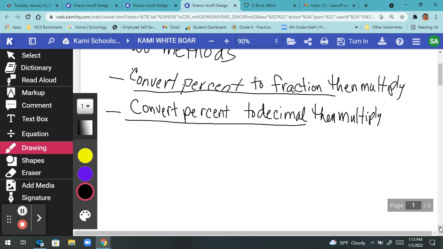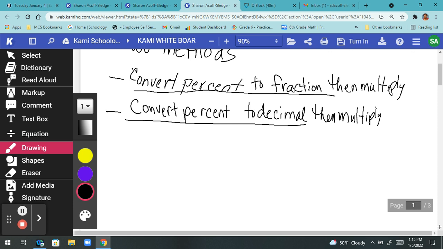Tax, sales tax. There you go. So where do you use this in life? Sales tax. Stocks, yes. So there's a lot of ways that you need to know. Percent is something you really do need to know in life. Interest on your bank account. So you need to know how to calculate percent. So you will use this in real life.